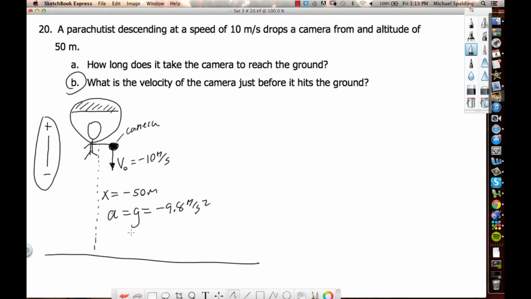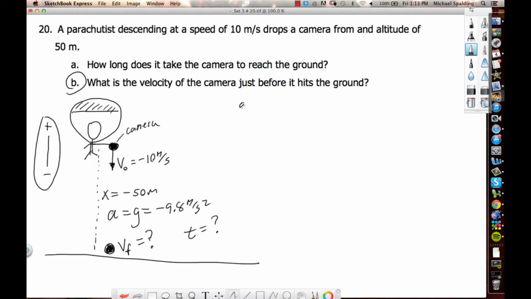No. The question wants us to solve for right before it hits. So when it's a nanometer above the ground, right before hitting, what is V final? So we're solving for that, and then what else? Time. So let's put T in here. And it doesn't necessarily go back to 0 when it hits the ground, because there's pieces flying everywhere. Yeah, when it hits the ground, it could bounce up. Exactly.